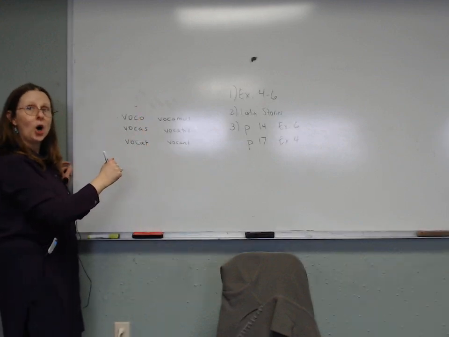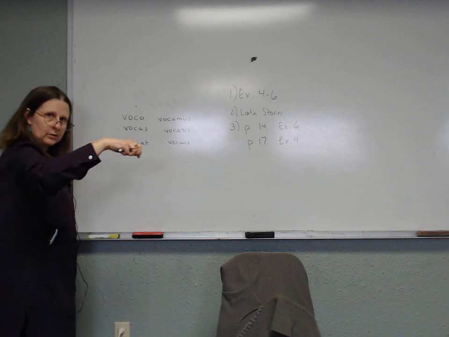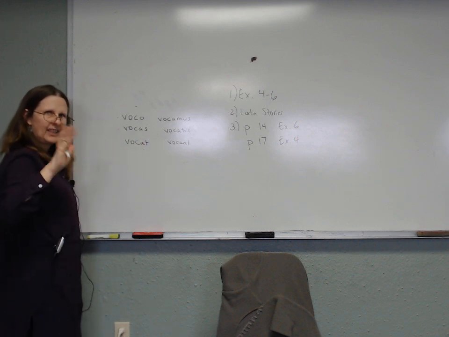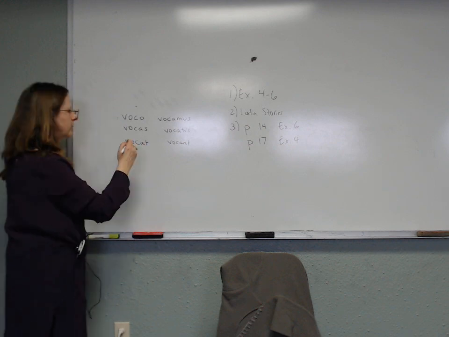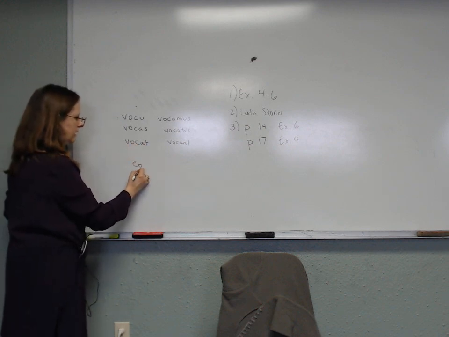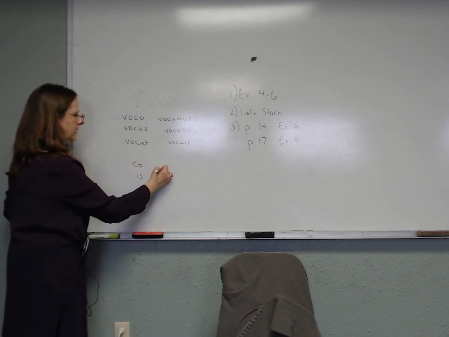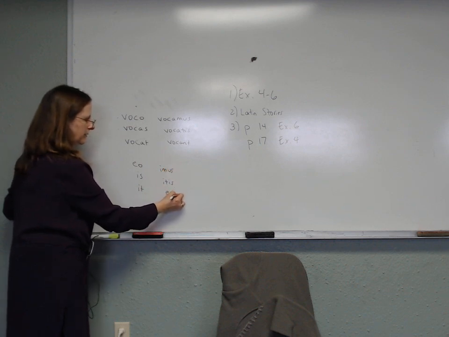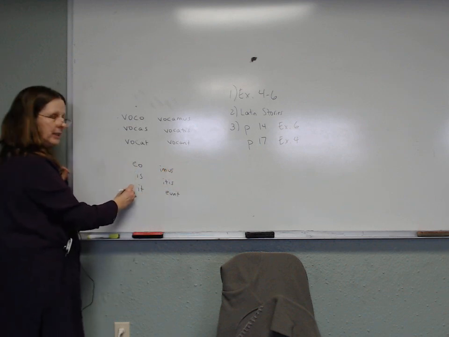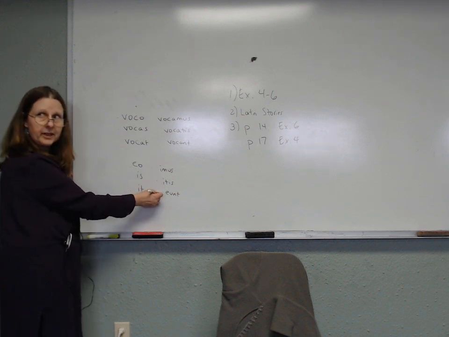Et eo, go, eo est, non est rectum, non est regular, right? Eo, is, it, imus, itis, eunt. I go, you go, he, she, it goes, we go, y'all go, they go.